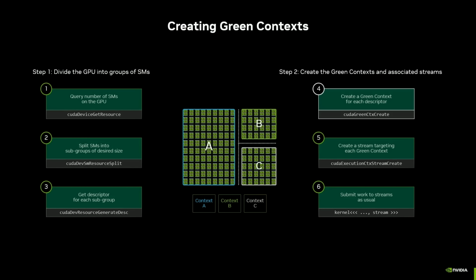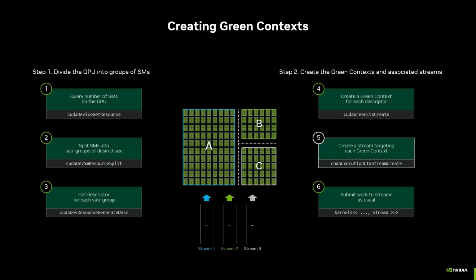Once you have these descriptors, once you've decided on your partitioning, you create the green context. And the context is just a little bounding sandbox in which something is going to run. You create a CUDA stream from it. And if you're a CUDA developer, you'll understand that the stream is the unit to which I submit and dispatch work. And then, very importantly, you just launch kernels into that stream normally.